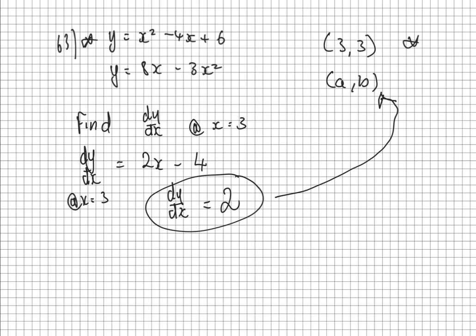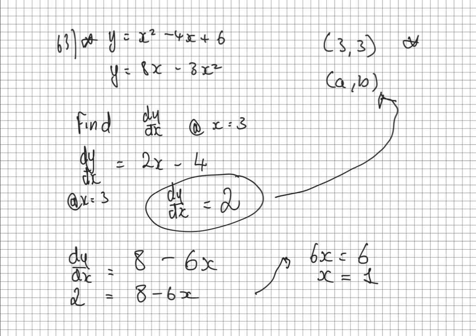So what we need to do now is differentiate the second equation. So dy by dx equals 8, take away 3 times 2 is 6, so 6x. So at the coordinate a, the gradient is also the same, so the gradient is 2. Solving that, we'll have 6x equals 6, so x equals 1.